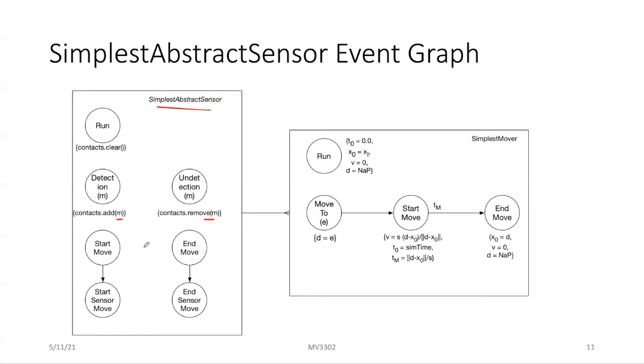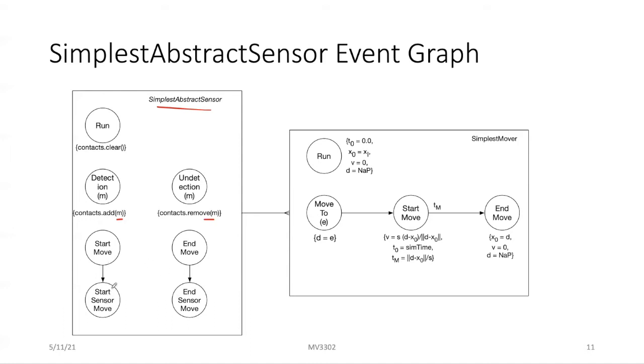Now, as far as the movement goes, looking down the line, the referee is going to need to know when the sensor has started its move or ended its move. To that end, the abstract sensor is going to hear a start move from its mover and schedule another event.